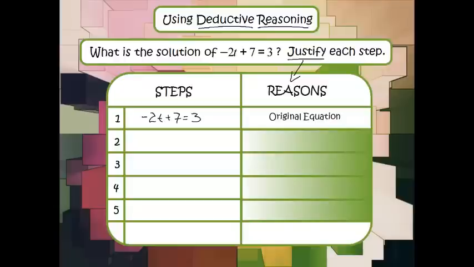All right. The next thing we're going to want to do is, in this case, we need to subtract 7 from both sides. Again, order of operations backwards. So we're going to need to subtract the 7 from both sides of this equation. So I have negative 2t plus 7, and then a minus 7.